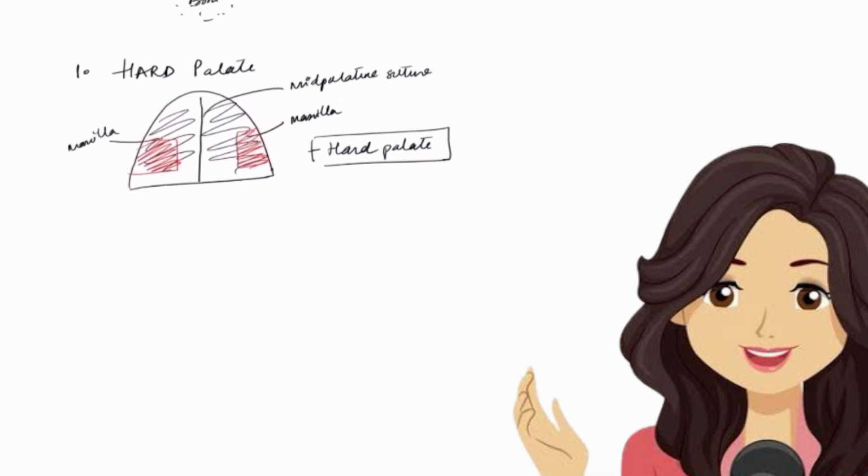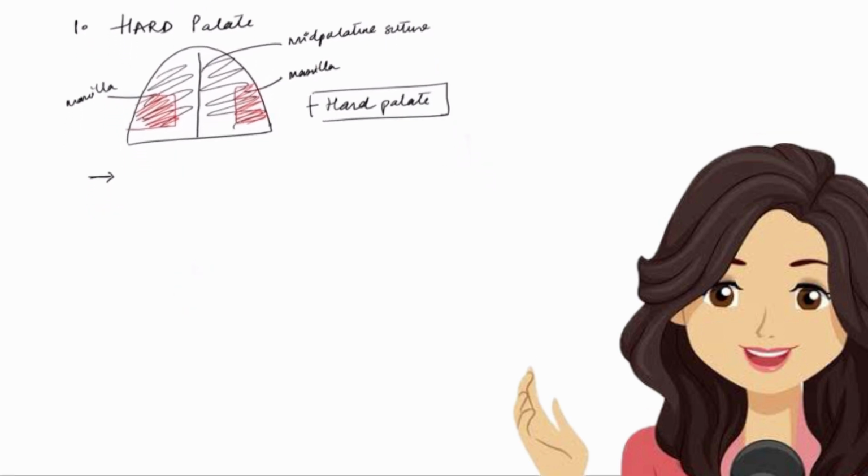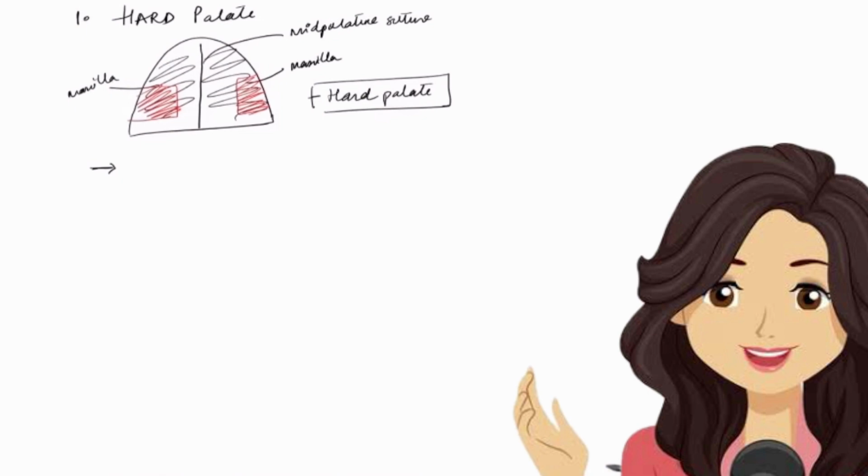Now, why is hard palate your primary supporting area? So, the textbook line which is there for your vouchers is that the ultimate support for a maxillary denture is the bone of the hard palate and the palatine processes. So, why is it the hard palate that is responsible for support? First is the surface area of the hard palate.